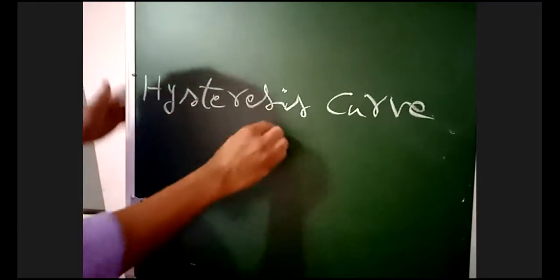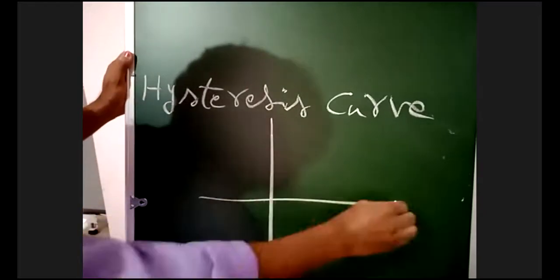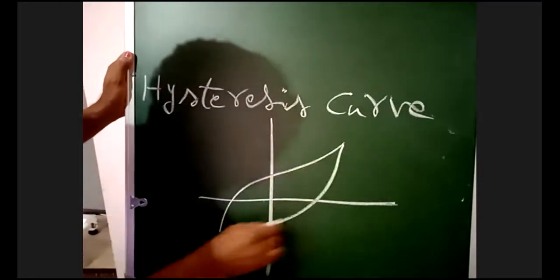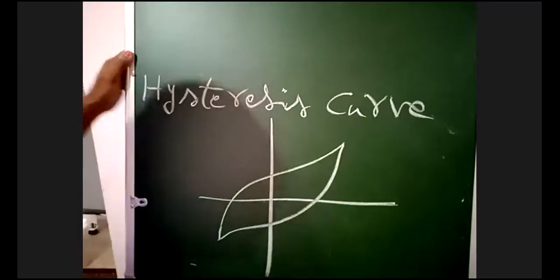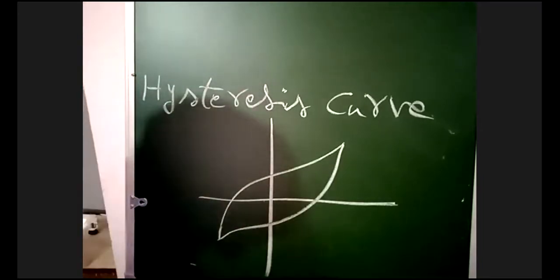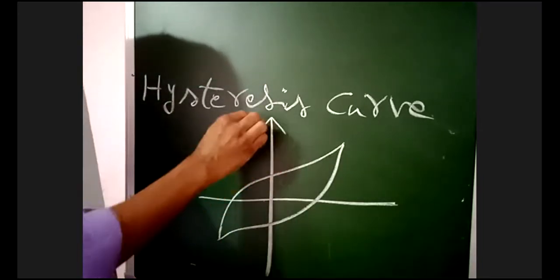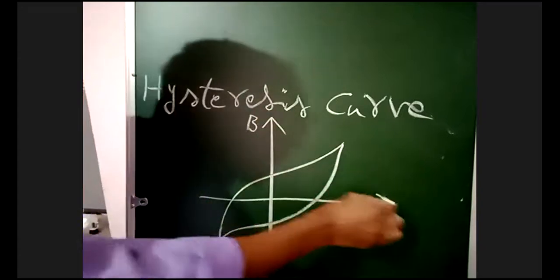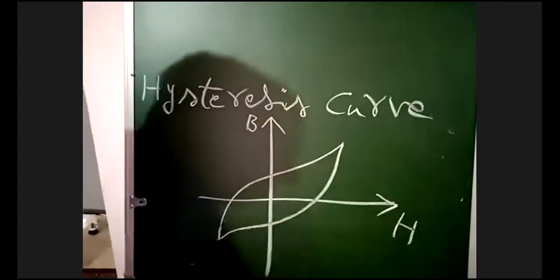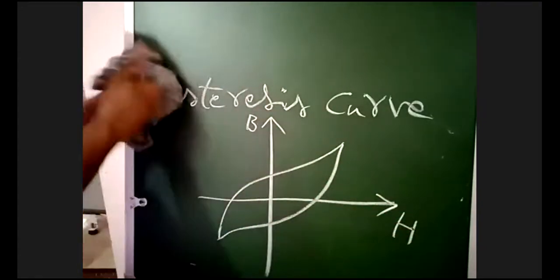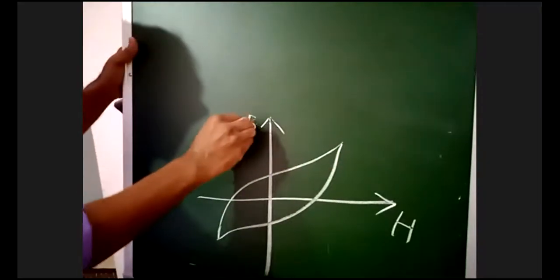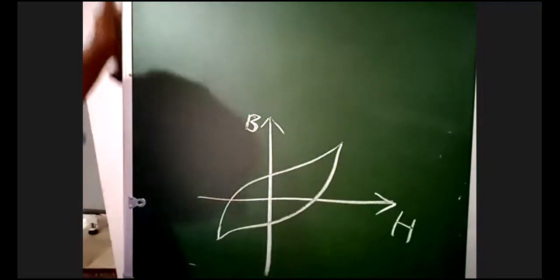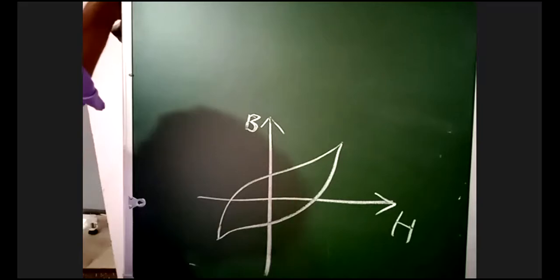Yes, sir. Okay. I think you have studied this curve. On the y-axis we are taking B, on the x-axis we are taking H. Both are magnetic quantities. B is the flux density, H is the magnetic field intensity.